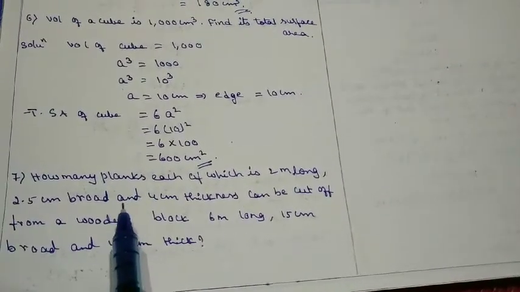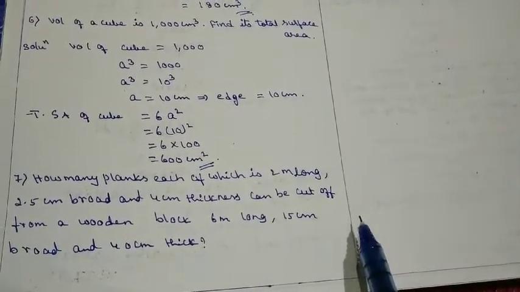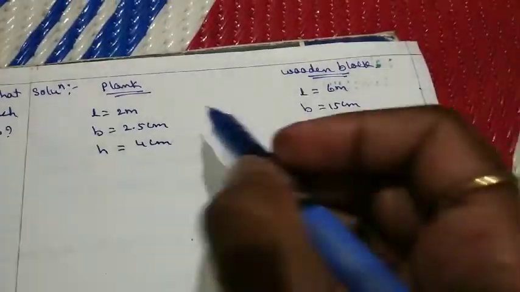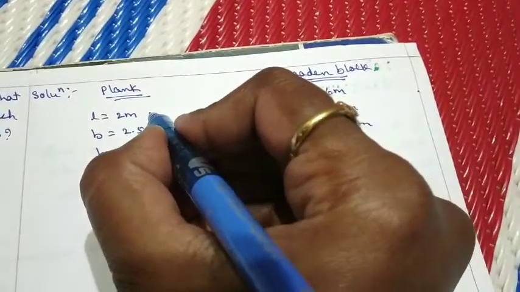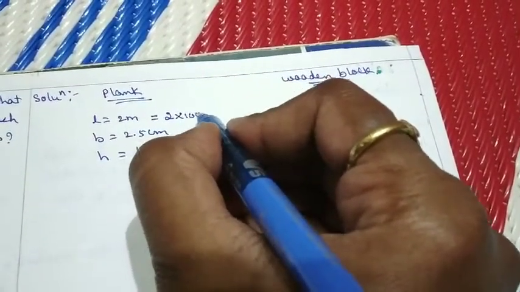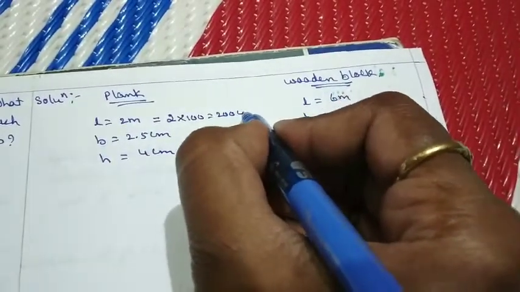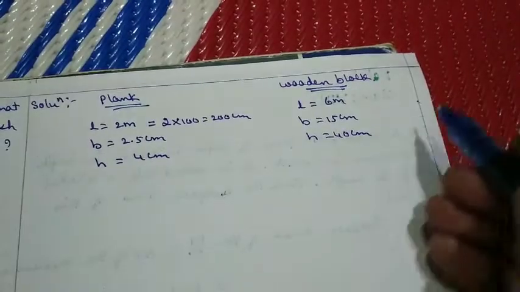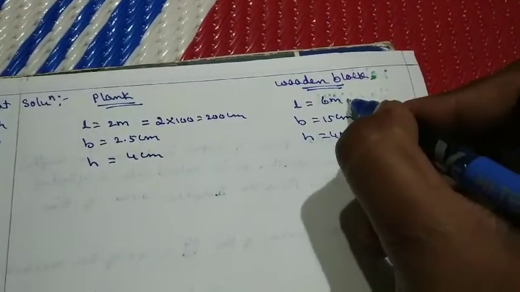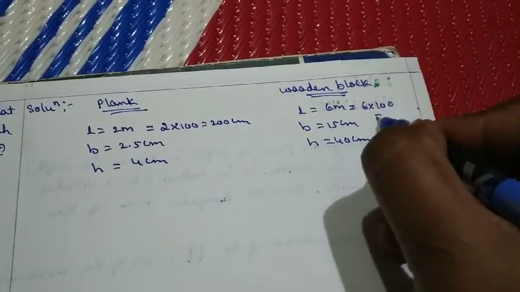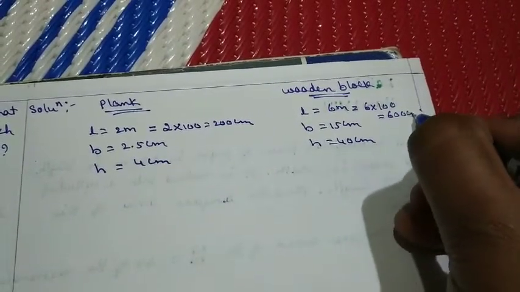First let us write all the dimensions of the plank and the wooden block. The length is in meters, so let me convert it into centimeters: 2 × 100 equals 200 cm, and the other two dimensions are in centimeters. Then for the wooden block, I'll also convert into centimeters and get 600 cm.